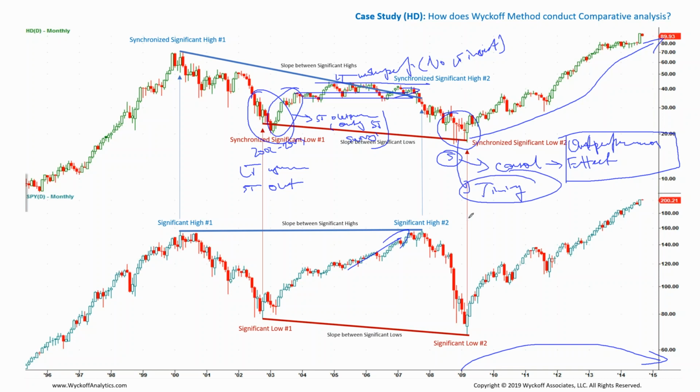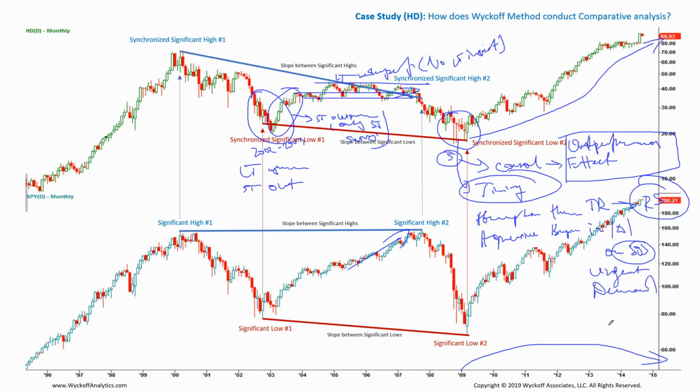It's either absorption through the trading range, that is going to show us relative strength outperformance, or maybe very aggressive buying, like for instance in phase D on a sign of strength where we see urgent demand and urgent absorption.